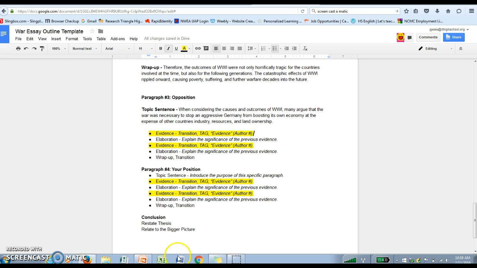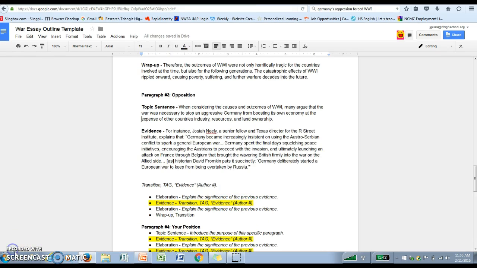Now let's move on to your first piece of evidence. So let's take a look at this piece of evidence. It's a fairly long one. It reads, "For instance, Josiah Neely, a senior fellow and Texas director for the R Street Institute, explains that Germany became increasingly insistent on using the Austro-Serbian conflict to spark a general European war.